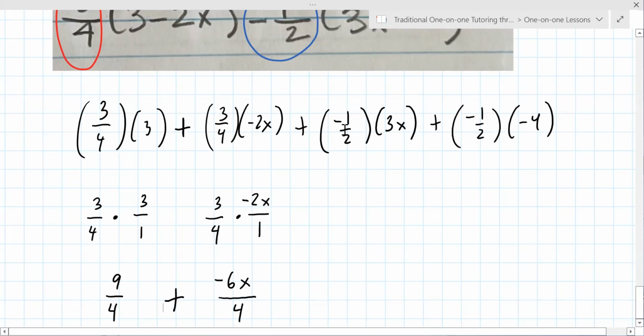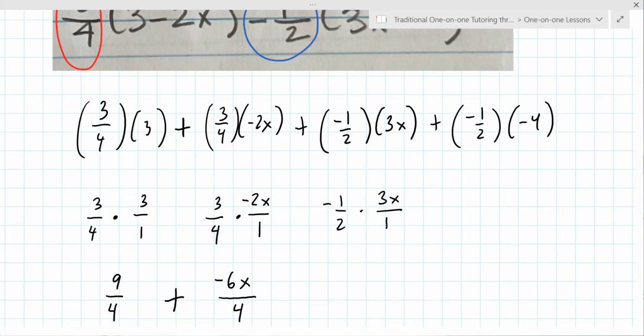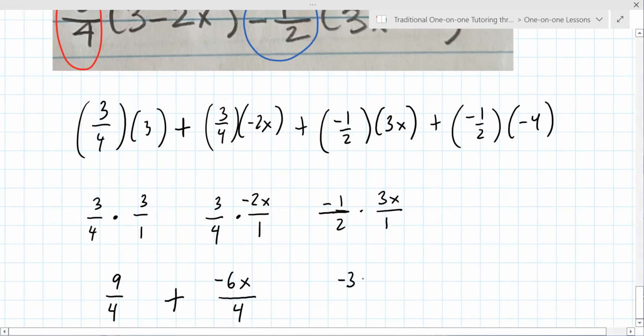Now we're up to this next term here, minus 1 over 2 and then 3x over 1. You multiply the tops, -1 times 3x. The minus goes with the top. -1 times 3x is minus 3x. 2 times 1 is 2.